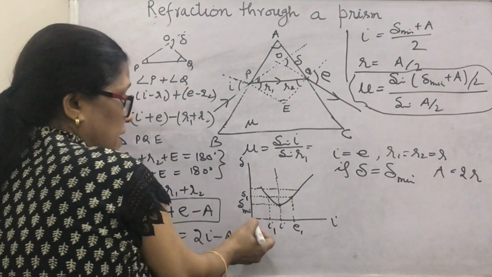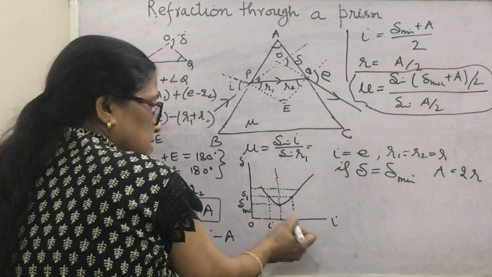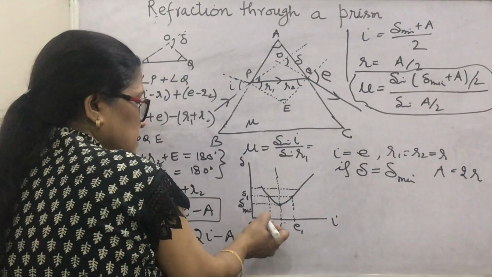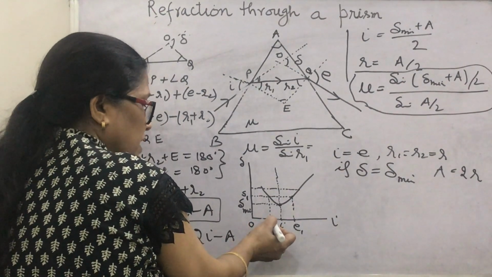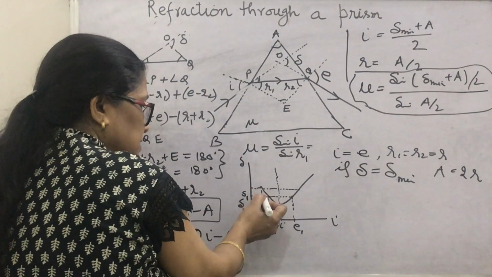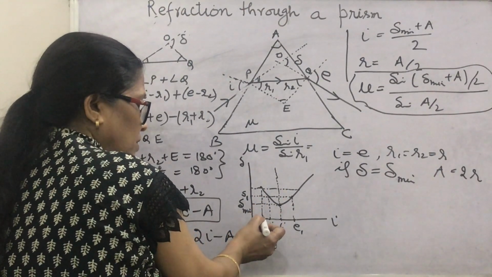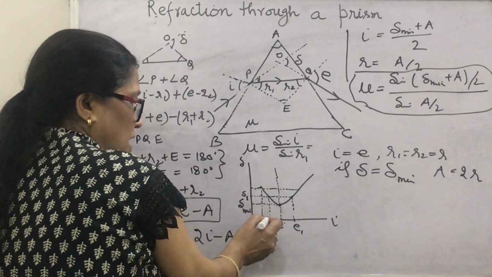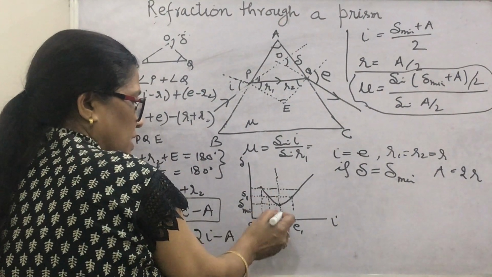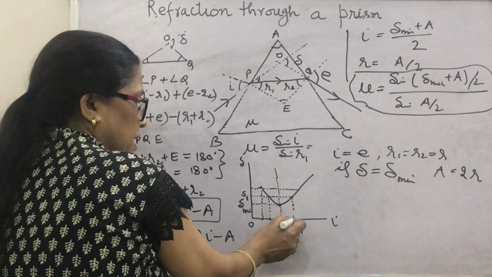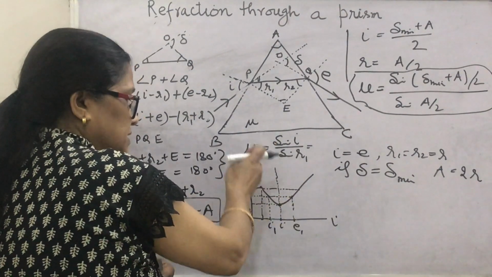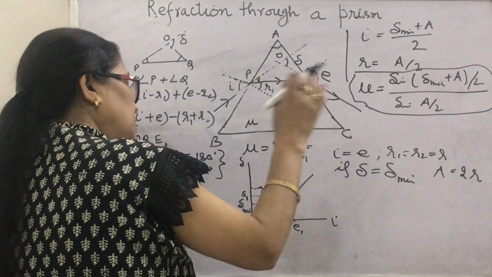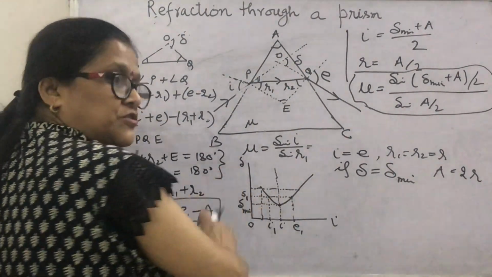Look again, at this angle of incidence, delta, the deviation, is larger. At this angle of incidence, it is smaller. At this, it becomes minimum. Again, at this, it increases. So, first it decreases, then it increases, and for one and only one angle of incidence, its value is minimum.